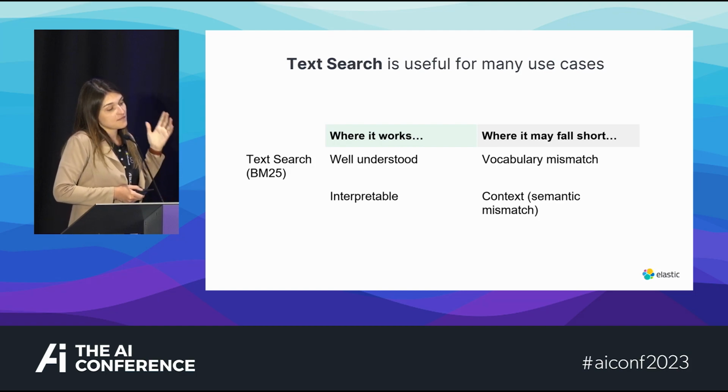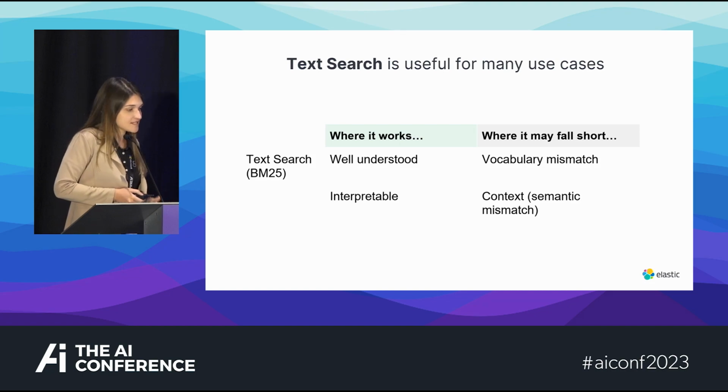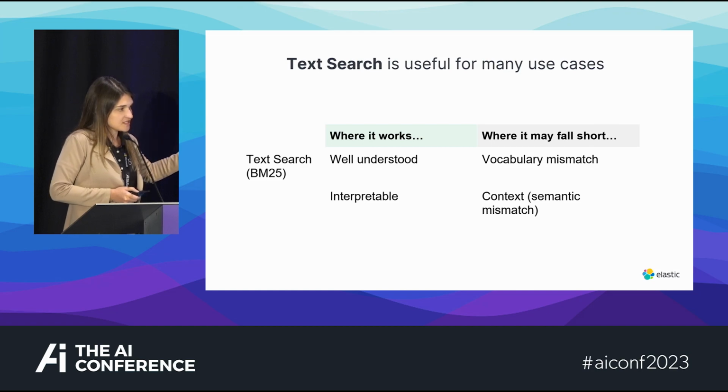But where it may fall short, there are some points. One of them is the vocabulary mismatch. There is research that says that specialists from the same area can describe exactly the same thing using different words. I think I do this all the time. Like I use different words to describe things. We do this all the time.